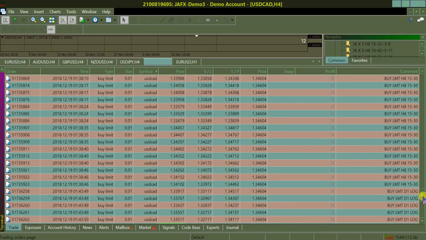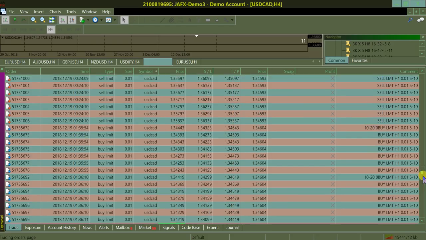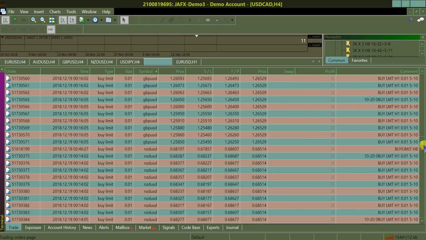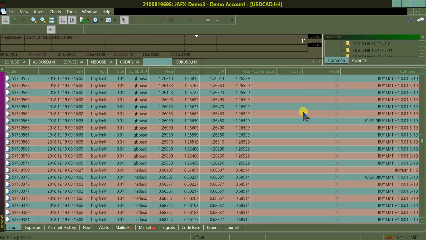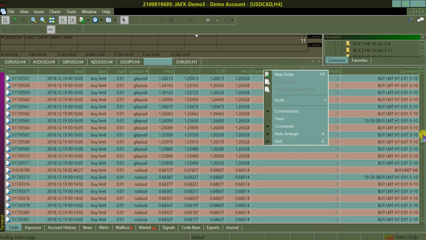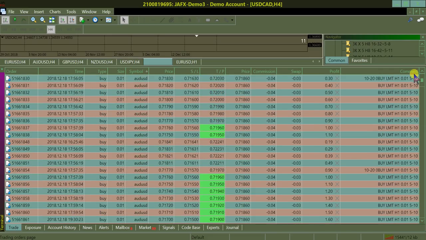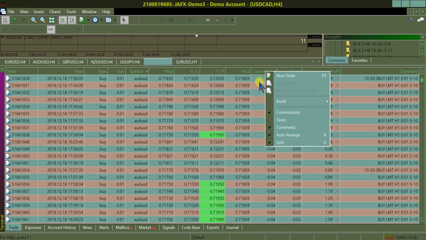So the comments, you can have somebody keep track of the comments. I think there's commissions on this broker. I'm not sure. I think it's no commissions. Zero commissions because, oh no, there's commissions. But their spread gets pretty ugly, just like any of these other ECN.